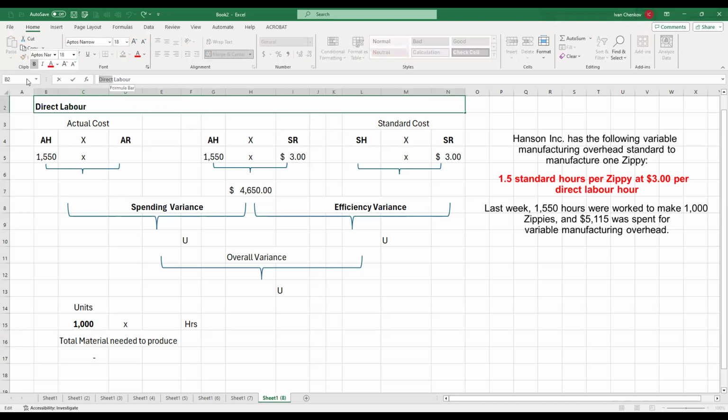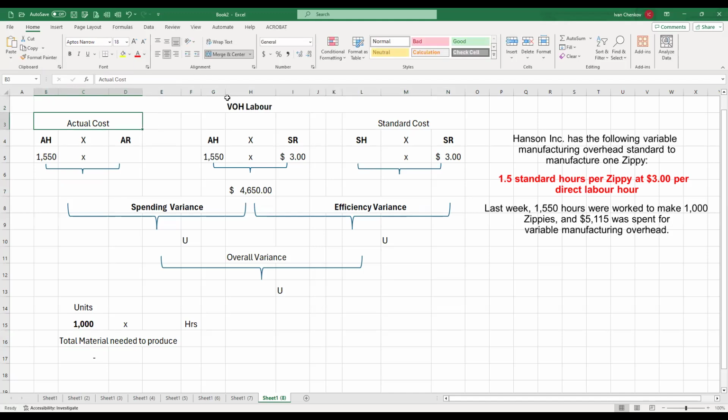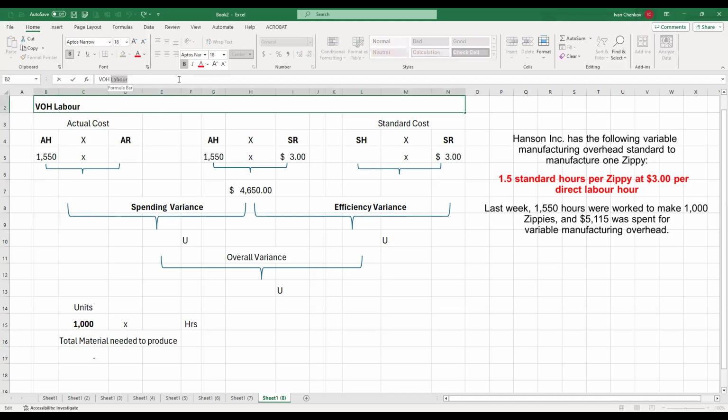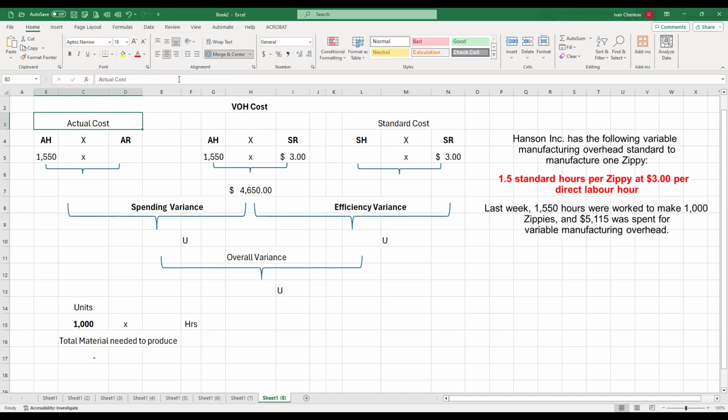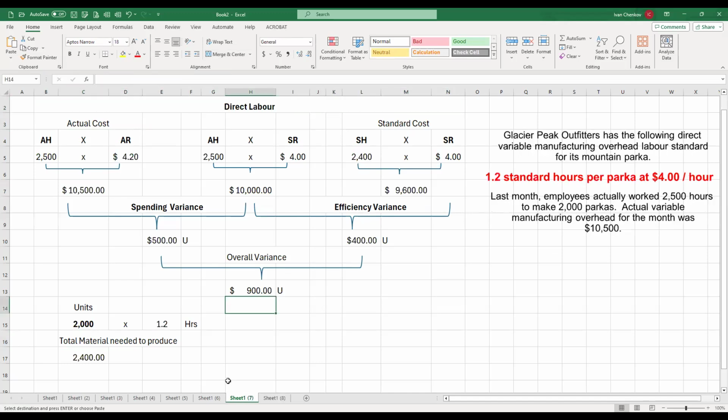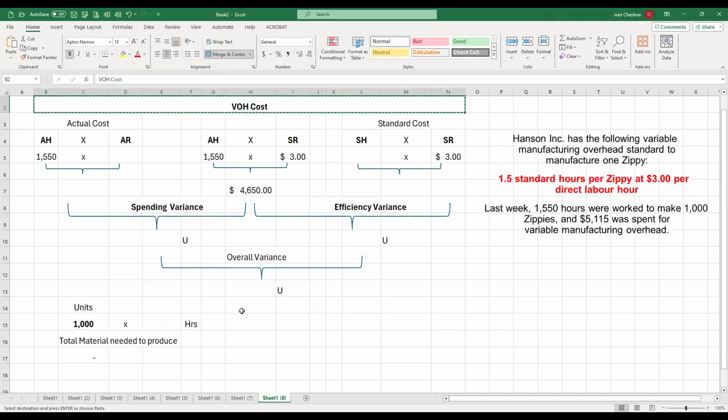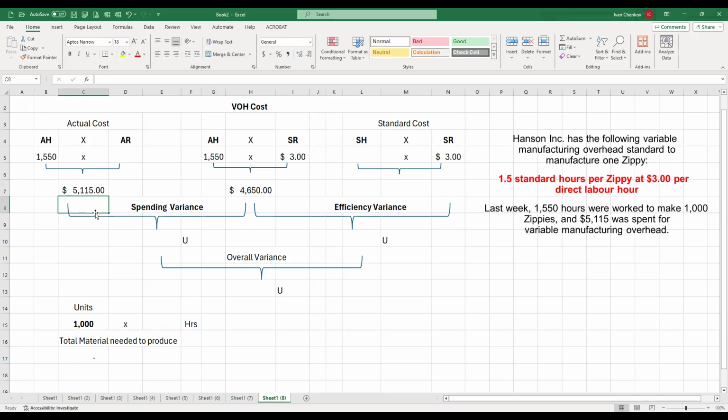Let's change this one to the variable overhead cost. That's not labor, that's variable overhead cost. Here and here. So the variable overhead cost, total cost, is $5,115.